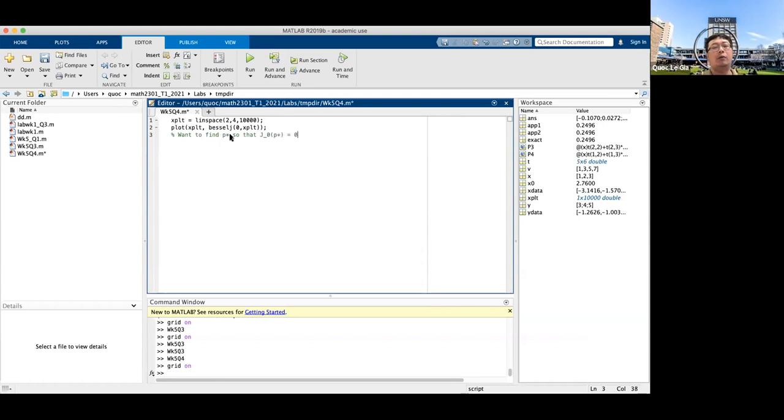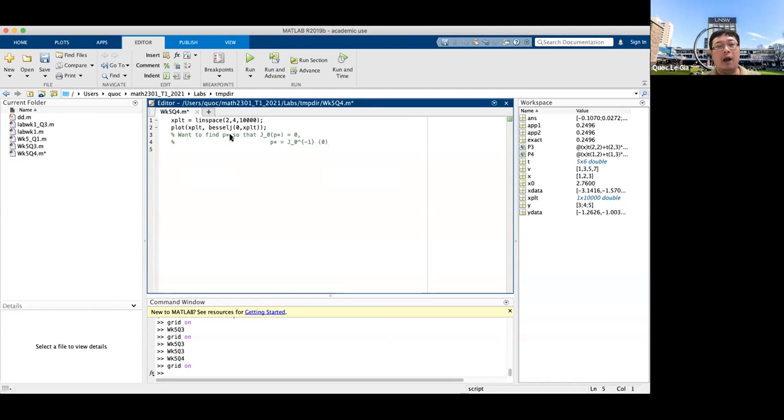Okay, so that is what I want to find. And what does it mean here? If J0 of P star equals 0, it means that P star is J0 inverse of 0, right?